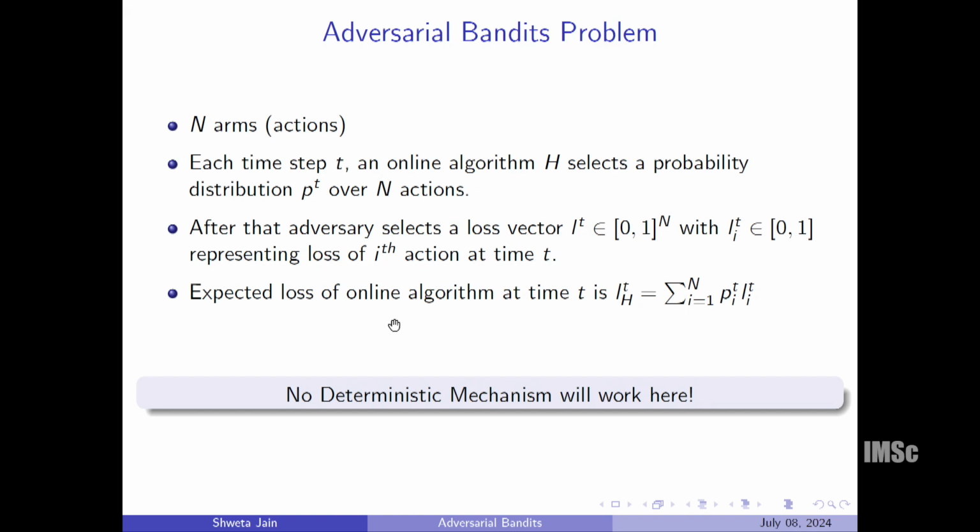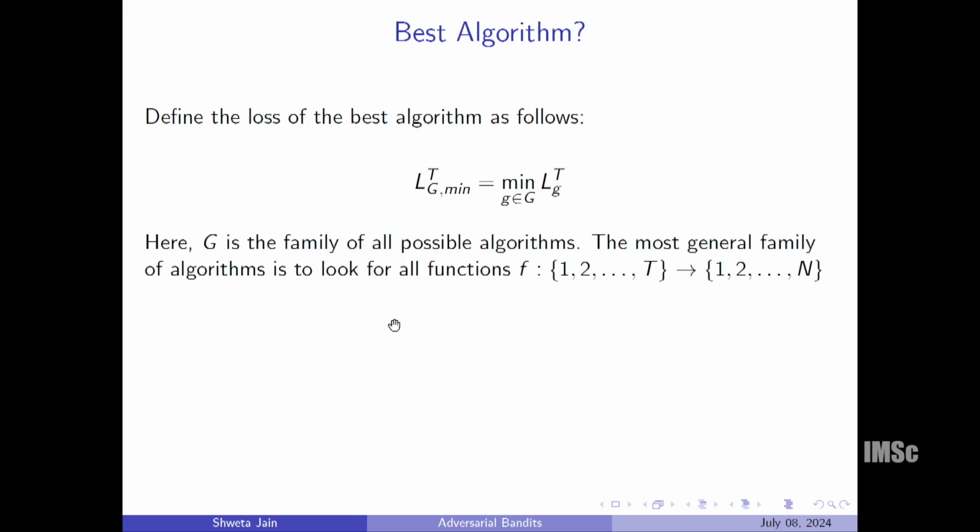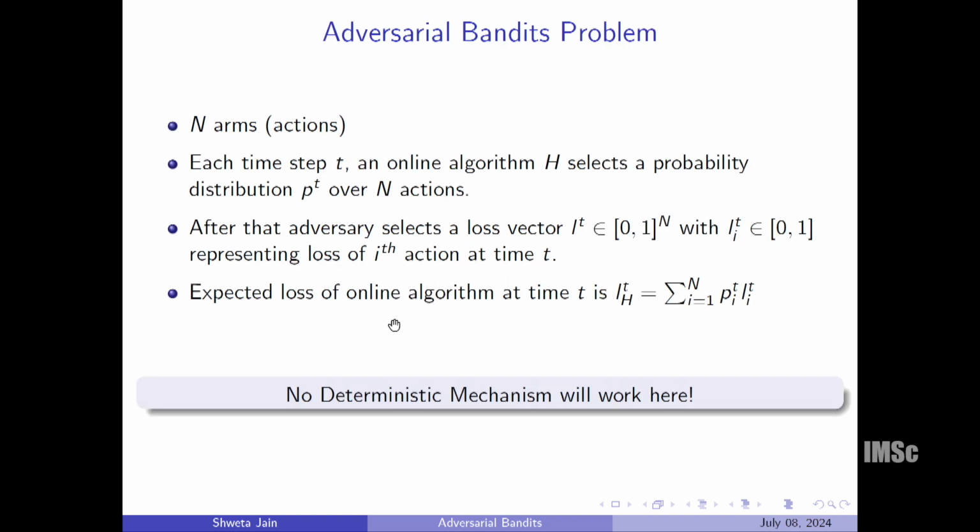When I say deterministic in this setup, it means that Pit will be 1 for one arm and 0 for everything else. That is what I mean by a deterministic algorithm. Sure? Good. Perfect.